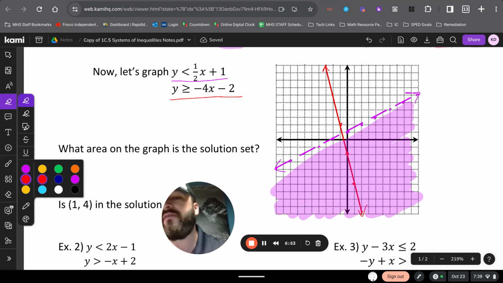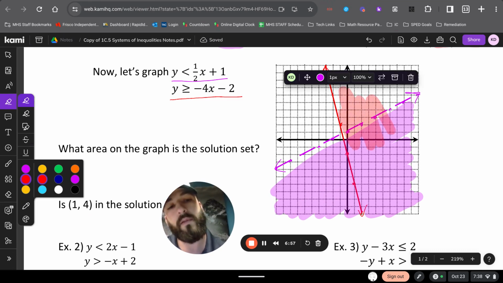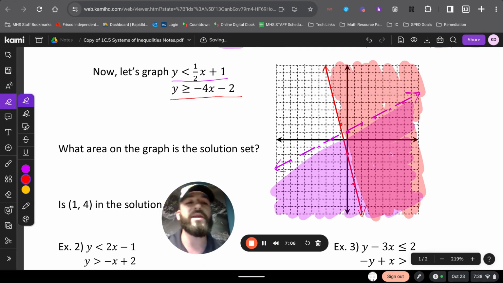And my red graph, it is greater than or equal to, so I am shading above. And what we should see occur, which we do here, is we now have this overlapping region where both of my inequalities are actually shaded.